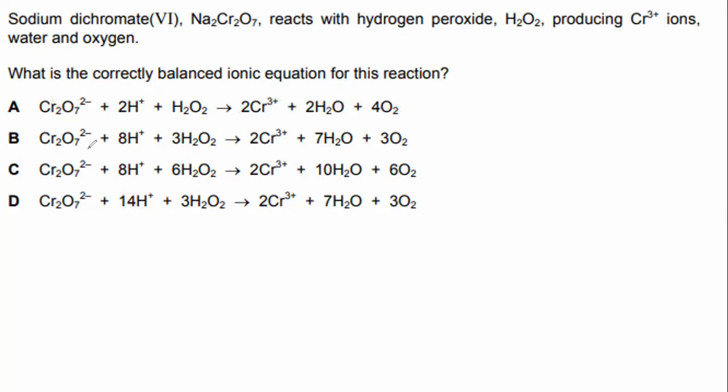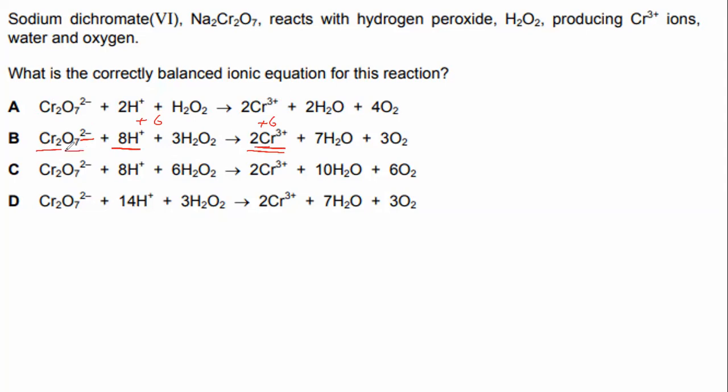In B, the total charge, here we have -2 and 8H+. So the total charge is +6, right? And here we have 2Cr3+, so yeah, it is also +6. Now we have to count the atoms and ions. Are they equal to each other? Here we have 2Cr, here 2Cr.